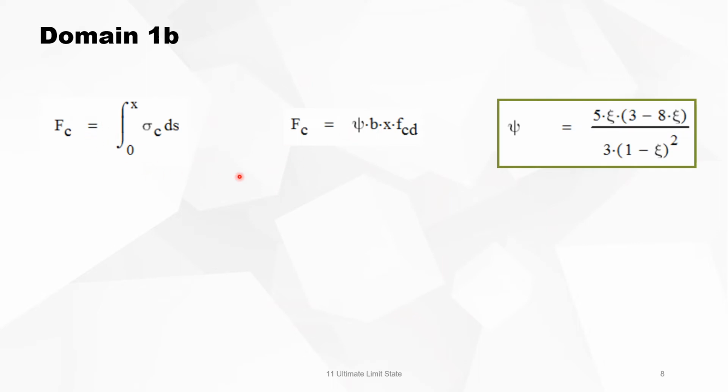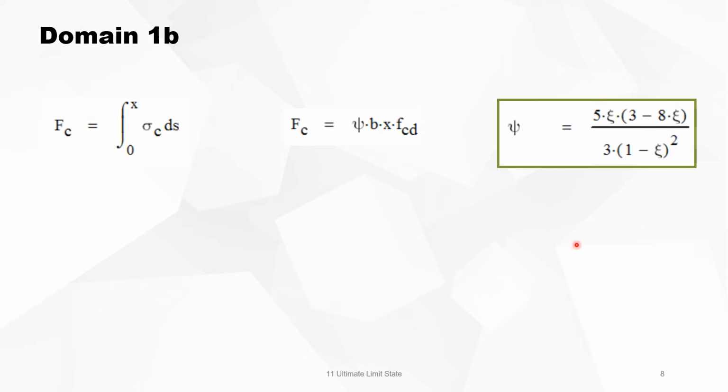If we make those two equal, and we regroup according to the filling coefficient psi, then you will see that psi now is a function of xi, where xi is the depth of the neutral axis, x over d.